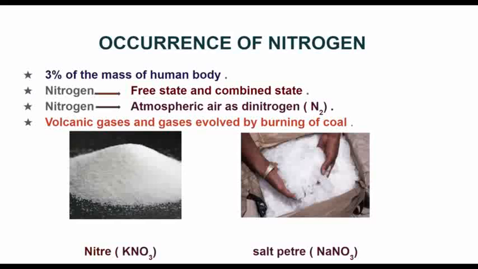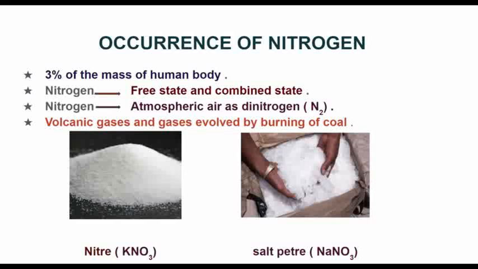Nitrogen is present in combined state in the form of minerals like nitre, that is KNO3, and Chile saltpeter, NaNO3. It is present in organic matters such as protein, enzyme, and nucleic acid, etc.